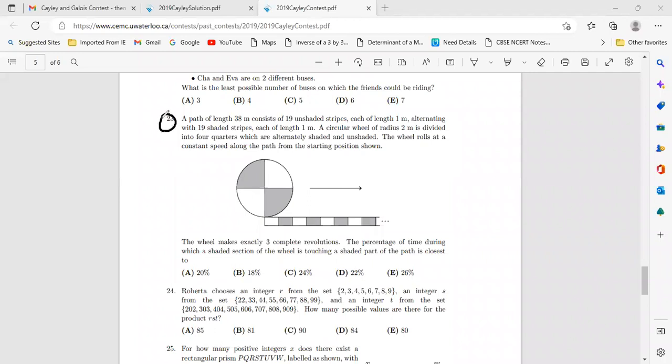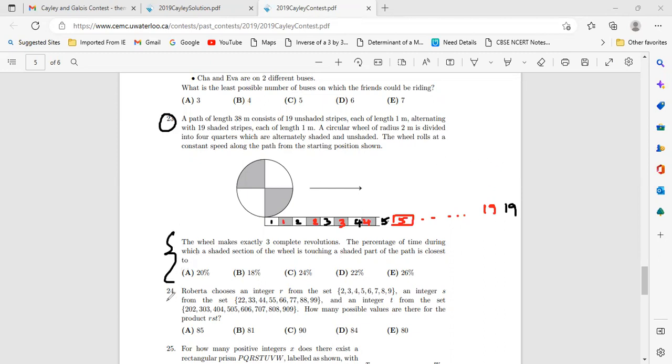Okay. So, a path of length 38 meters consists of 19 unshaded stripes, each of length 1 meter, alternating with 19 shaded stripes, each of length 1 meter. A circular wheel of radius 2 meters is divided into 4 quarters, which are alternately shaded and unshaded. The wheel rolls at a constant speed along the path from the starting position shown.